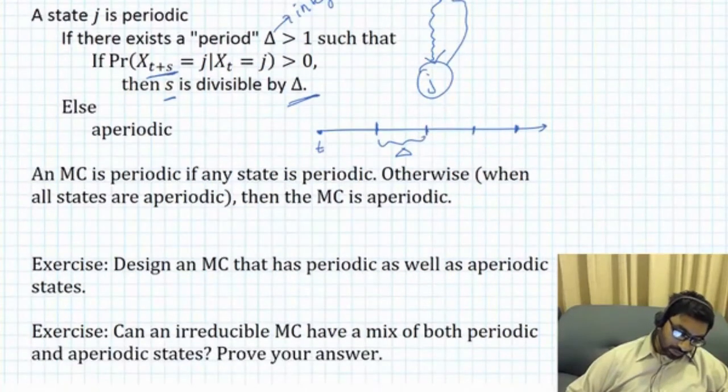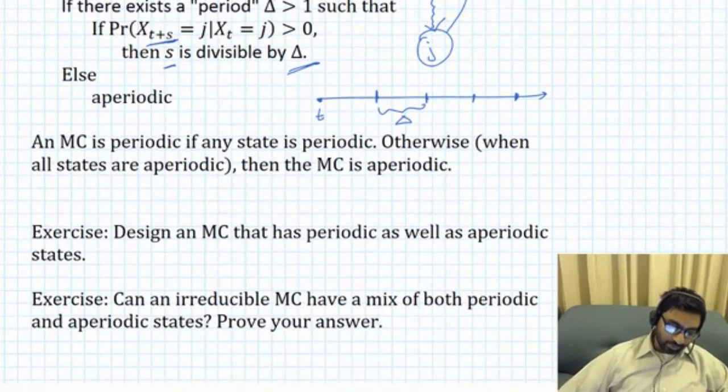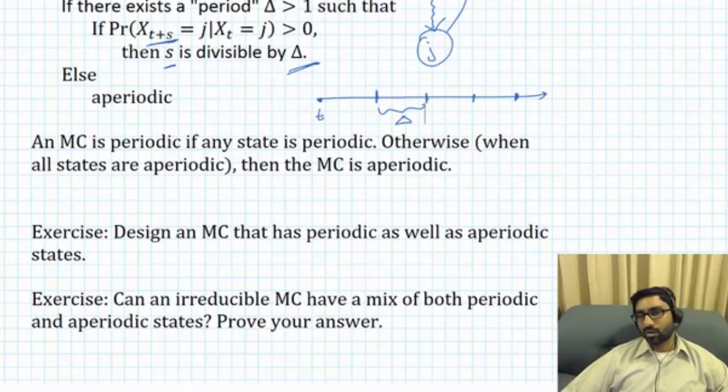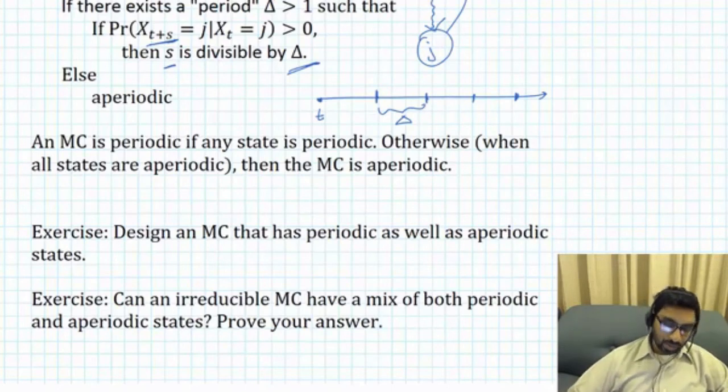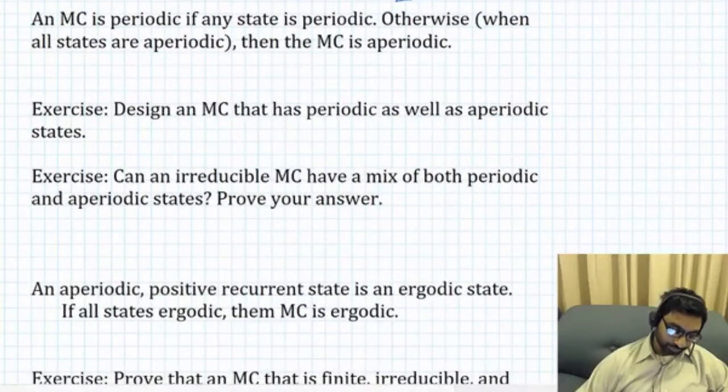So let's do a couple of exercises. First, design a Markov chain that has periodic as well as aperiodic states. Think about it carefully and come up with a Markov chain, basically a directed graph with appropriate weights, such that some states are periodic while others are aperiodic.